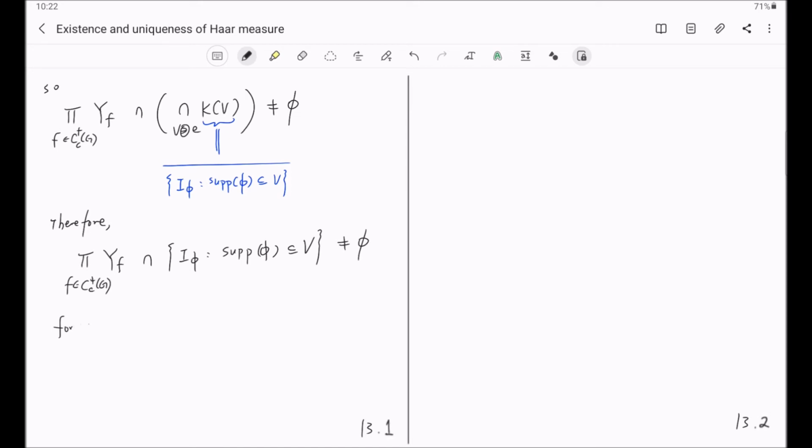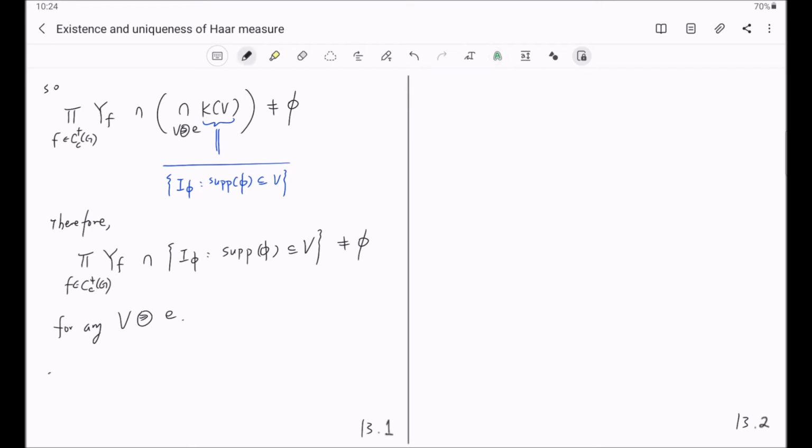For any B, which is the open neighborhood of E. This is by the definition of the closure of a set. If an open subset has non-empty intersection with the closure of the set, then it must also have a non-empty intersection with the set itself. Or I should rather say this is maybe the most basic property for the closure of a subset in general topology.